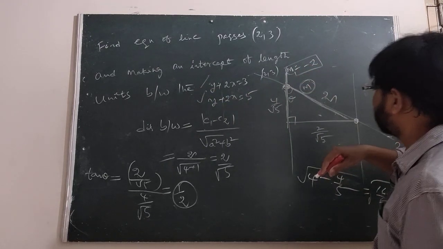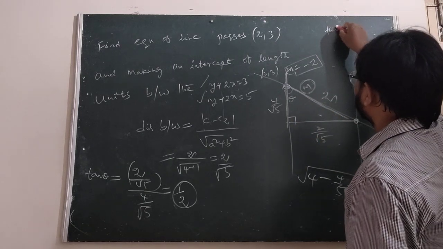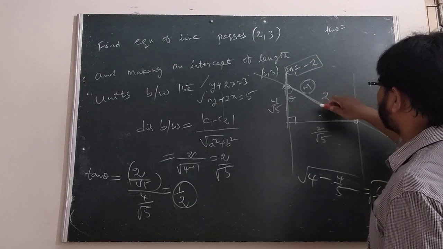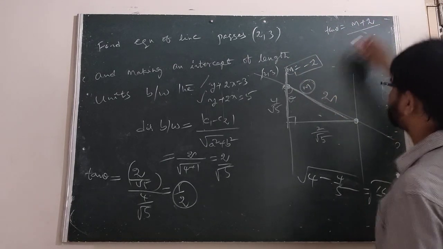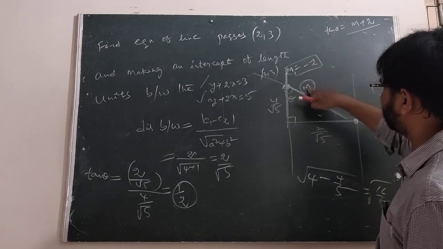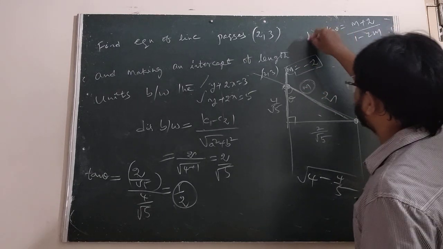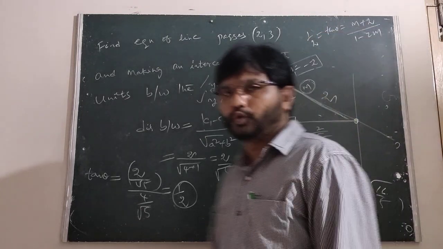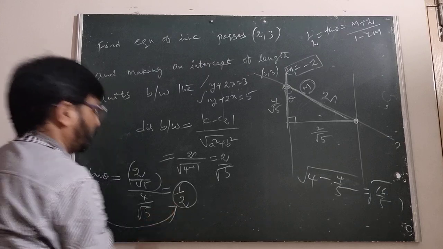This is m1. Therefore the angle between them, tan theta equals m1 minus m2 over 1 plus m1 m2, which is m plus 2 by 1 minus 2m, where tan theta is given as 1 by 2.